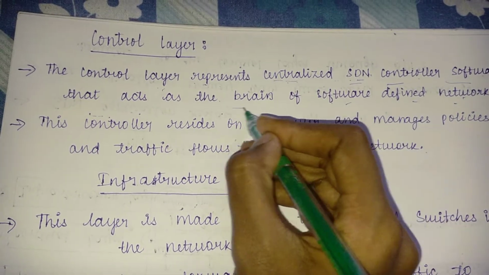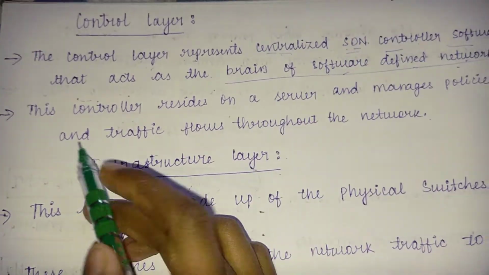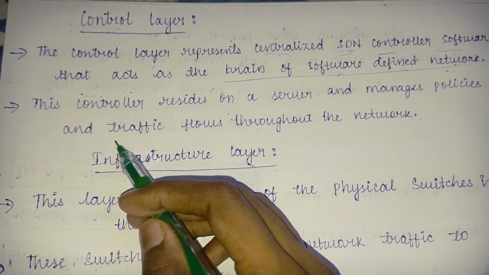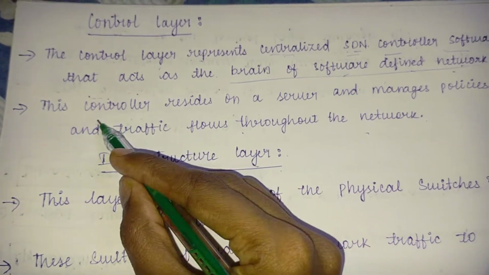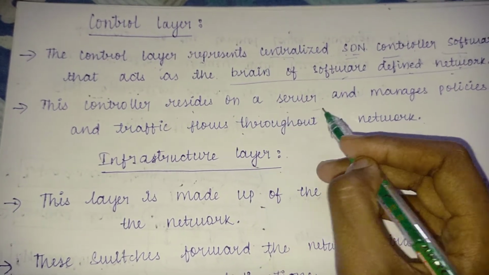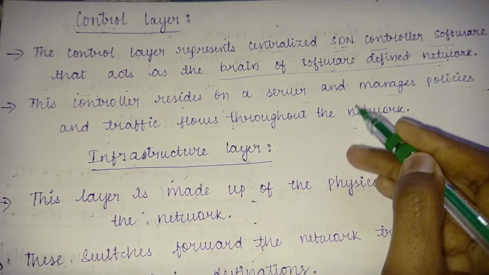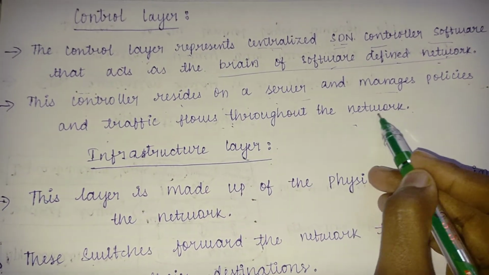Next point is this controller resides on a server and manages policy and traffic flows throughout the network. So whatever traffic flow is there, it manages or controls throughout the network.